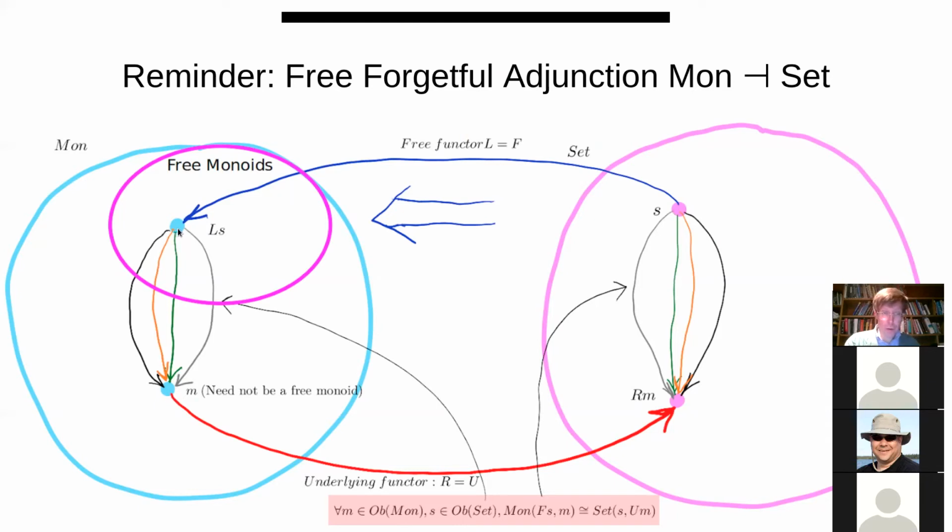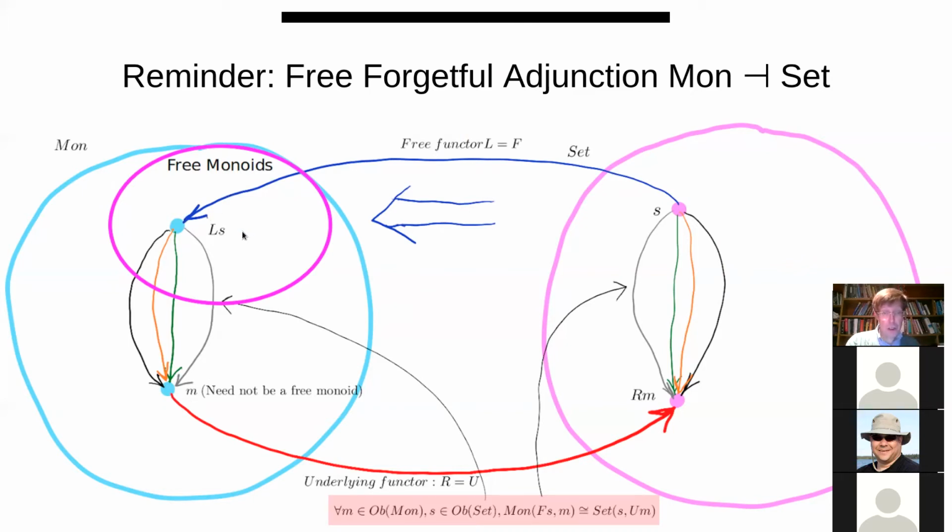So there's going to be a homomorphism which maps 0 to A and 1 to A. There's going to be another one that maps 0 to B and 1 to A. There's going to be another one which maps 0 to A and 1 to B, etc.